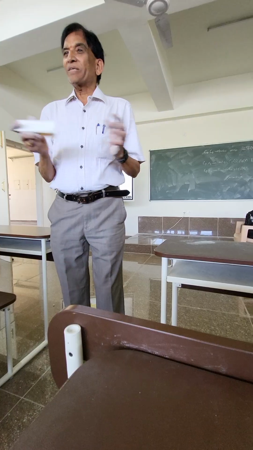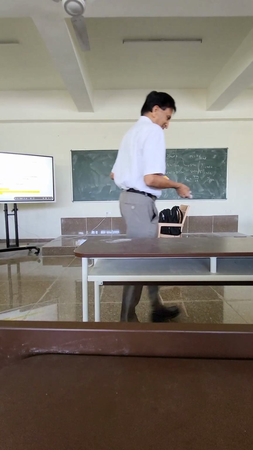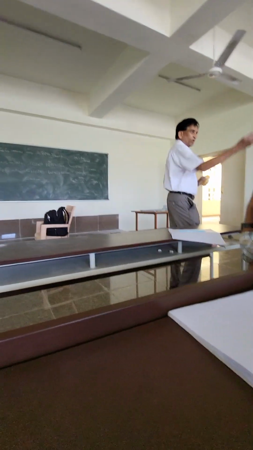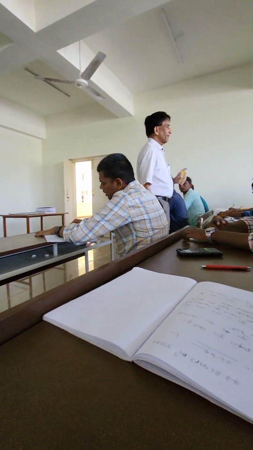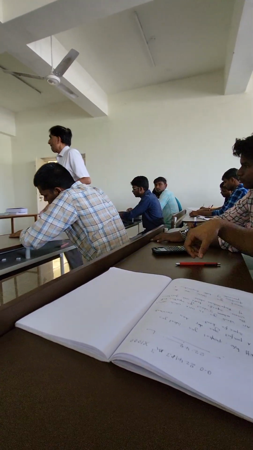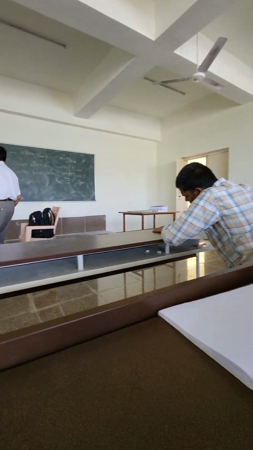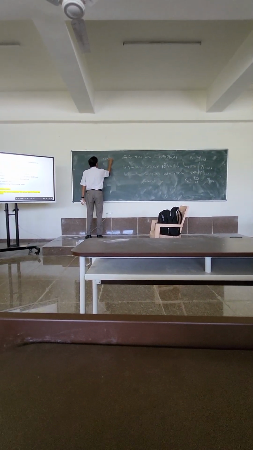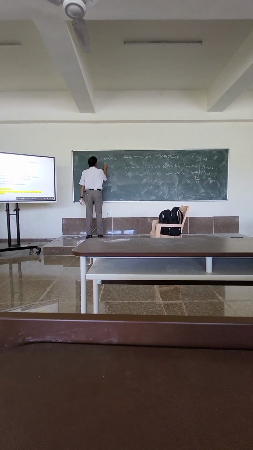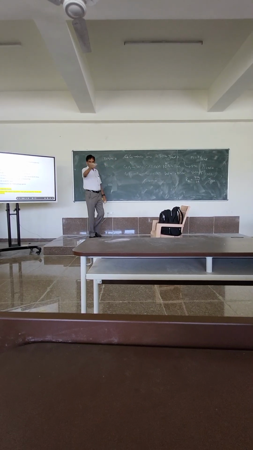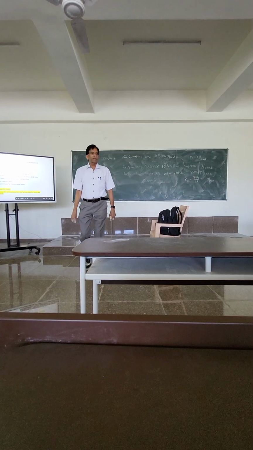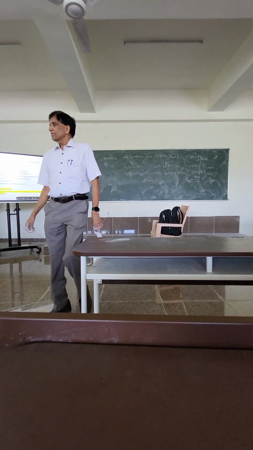Okay, now let me ask a question. Take water at room temperature, 300 Kelvin. What is the density of water you are using in calculations? 998.